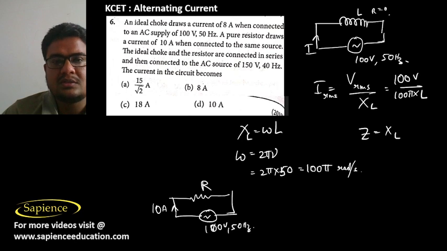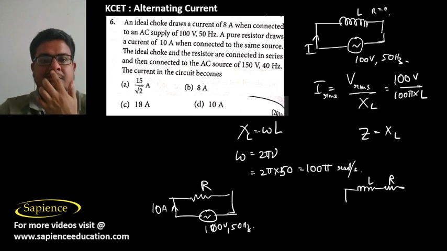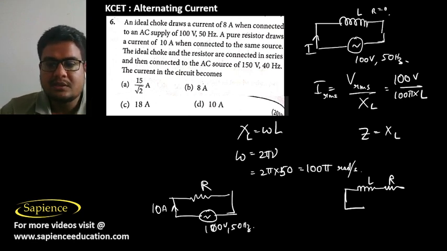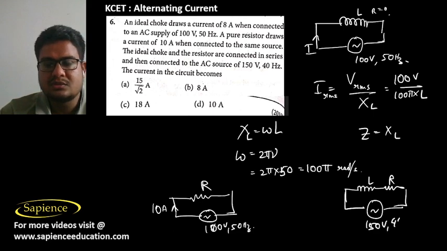The ideal choke and the resistor are now connected in series, then connected to a new AC source which is 150 volt and 40 hertz. The current in the circuit becomes how much?